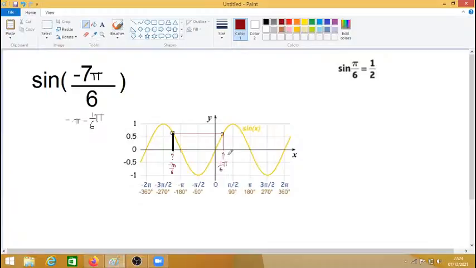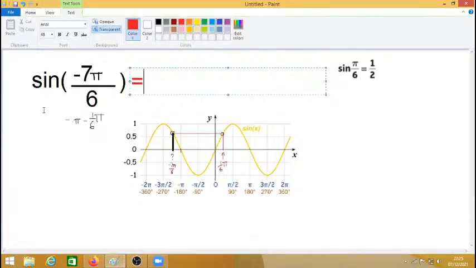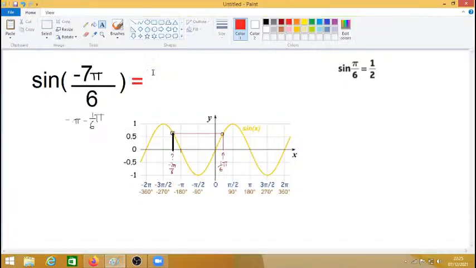If we can get the answer for 1 over 6 pi, that answer would be exactly the answer we can use for minus 7 over 6 pi. But 1 over 6 pi is fantastic because it's one of the ones that we memorize. Sine of pi over 6 is equal to a half. So that same answer is the answer for sine of minus 7 over 6 pi.